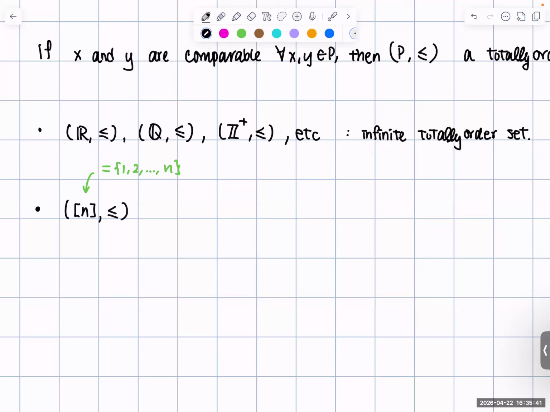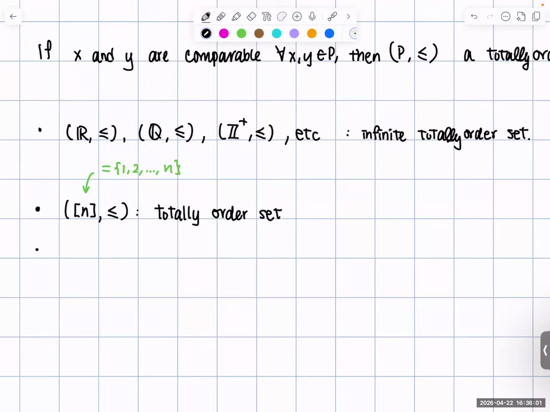The order here is just the usual order on 1 to n, so this is also a totally ordered set. You just compare the integers 1 to n, so any two numbers you can definitely compare.